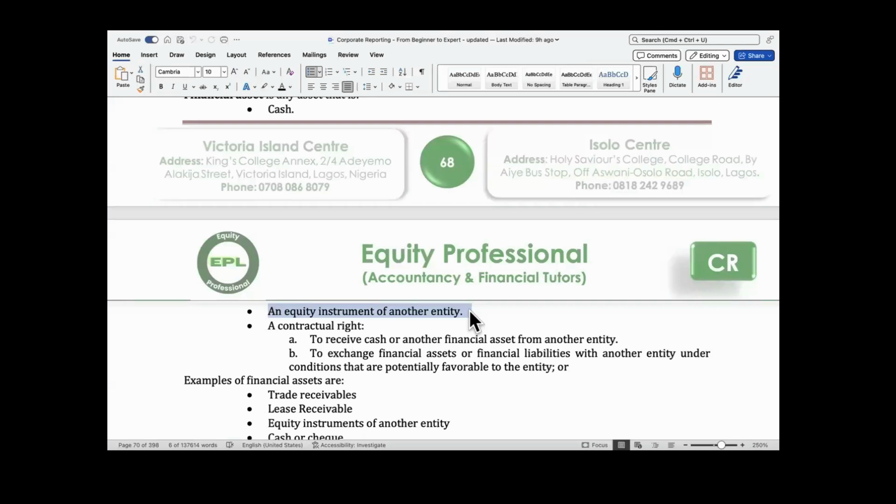If you buy shares in Zenith Bank, if you buy shares in MTN, if you buy shares in Dangote, if you buy shares in Equity Professional Limited, you have a financial asset. Why? Because you have invested in the equity instrument of another entity. You have a financial asset. You are an investor. Financial asset is an equity instrument of another entity.